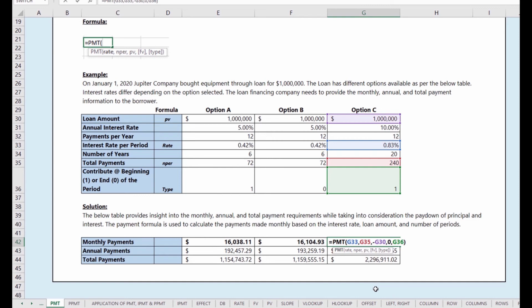So if you're on a tight budget, you could see what the impact would be of having a longer loan duration, i.e., let's say you are a business and you're just getting started out and you can't afford monthly payments of $16,000 for cash flow purposes, but you do have the ability to afford up to $10,000 of a payment plan. Well, option C would be more attractive for you under those circumstances, but you'd have to take into consideration that your interest would also be double under that scenario.